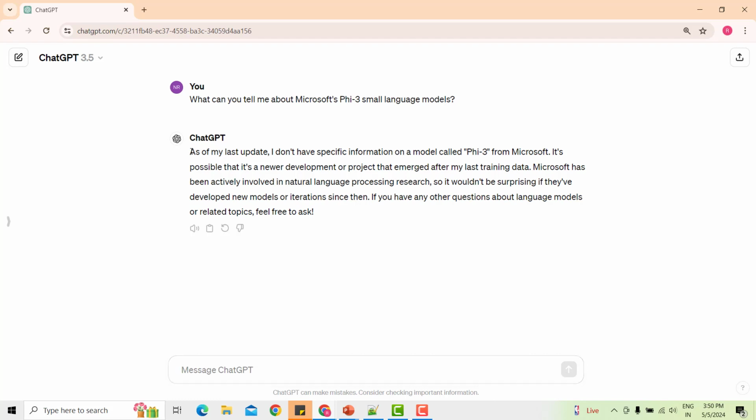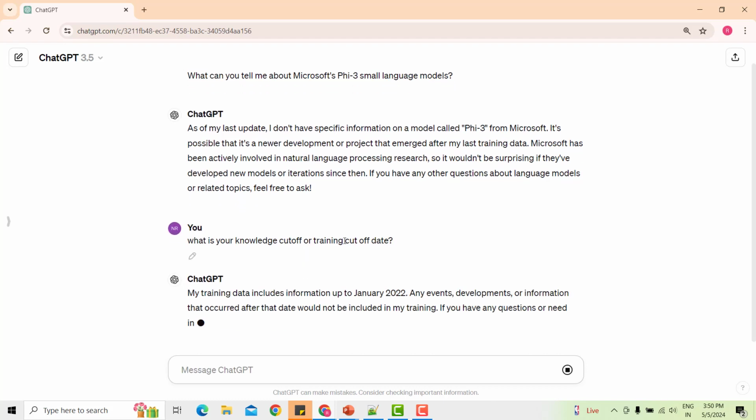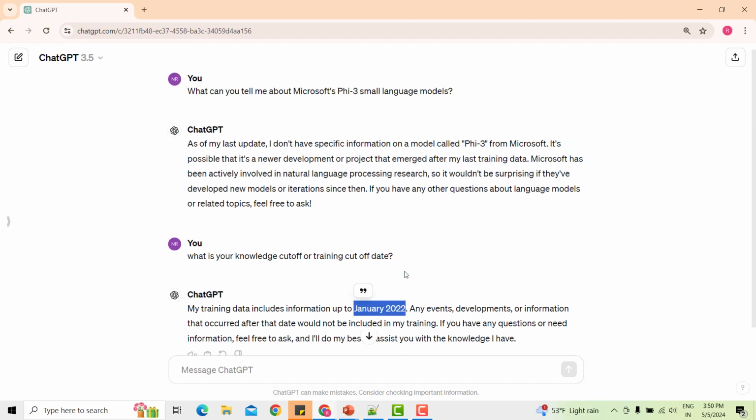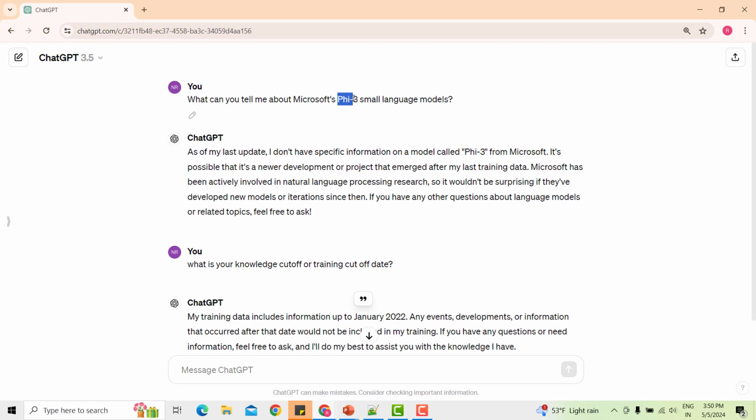As it rightly said, ChatGPT 3.5 has no specific information on these models because the knowledge or training cutoff date for ChatGPT 3.5 is January 2022. But this announcement happened in April 2024.